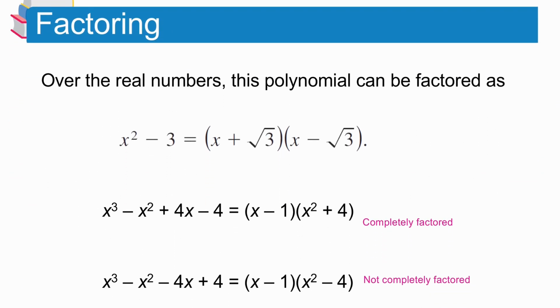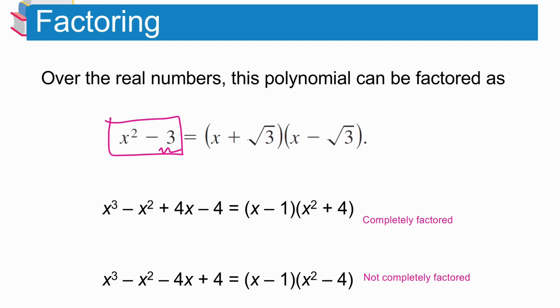And so when I'm factoring over the real numbers, I can even factor something that looks like this, where 3 is not a perfect square. But if I'm not confined to just integers, if it is over the real numbers and not just integers, then the square root of 3 is real.